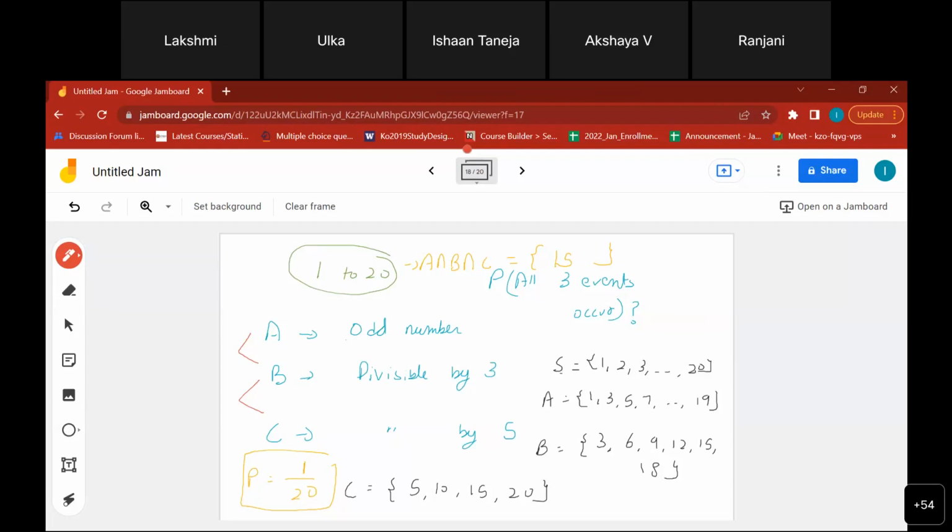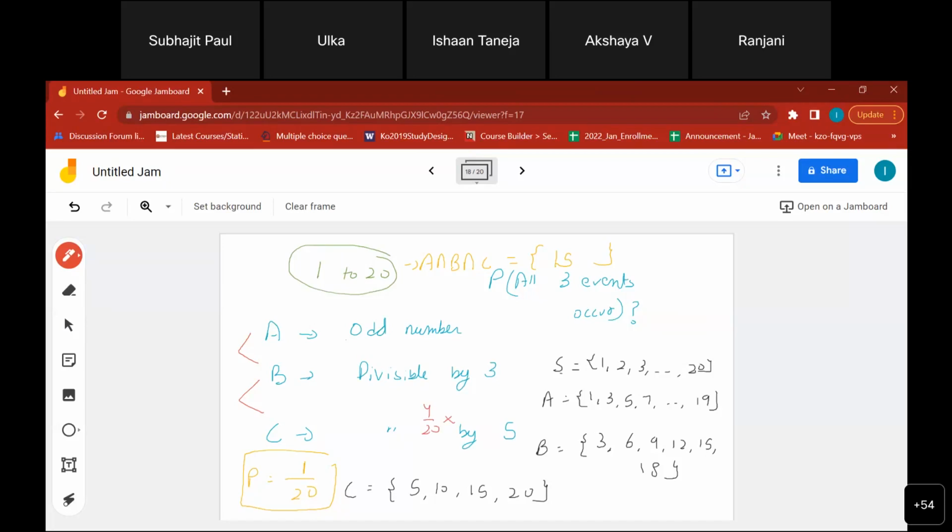Okay. What about event A and C? Independent. Okay, but its probability of C is 4 by 20, right?